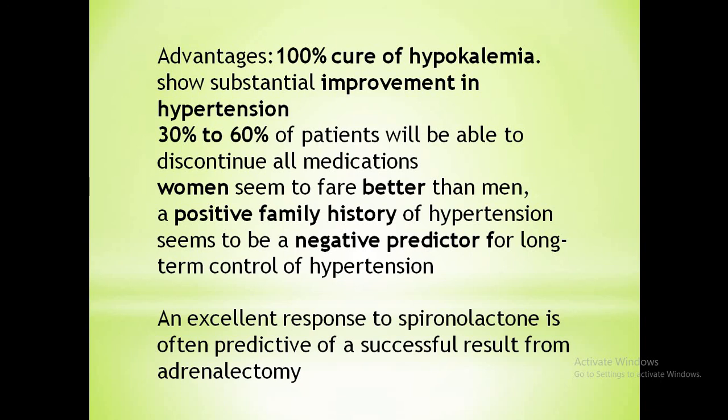But if you have a positive family history of hypertension, it's a negative predictor for long-term BP control. And if you have an excellent response to spironolactone, it is often predictive of a successful result from adrenalectomy. I mean, in those people, the adrenalectomy will work well.